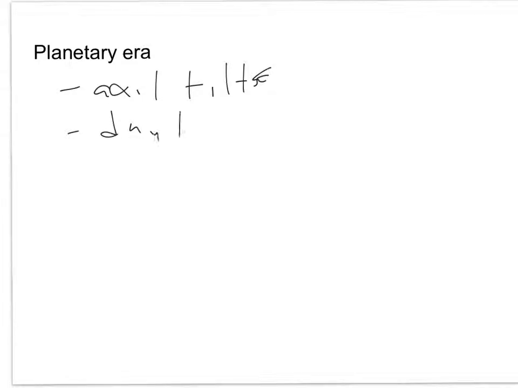Day length, polar caps, etc. Who are the names that are really critical for getting us our first understanding that Mars is maybe kind of Earth-like? No takers?